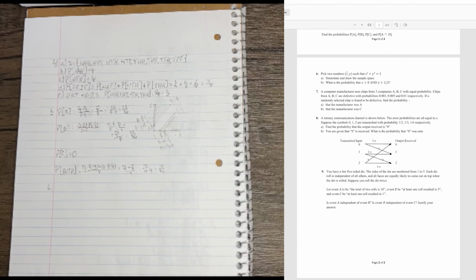Pick 2 numbers, x and y, such that x squared plus y squared is equal to 1. Okay, so sure. Determine and draw that sample space. So we're basically just making a unit circle with this, right? Yeah, it's just a unit circle filled in. That's literally what it is.